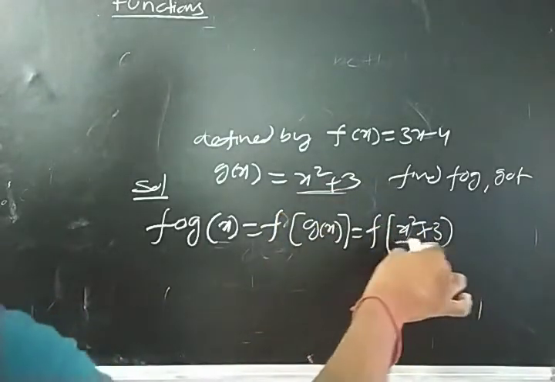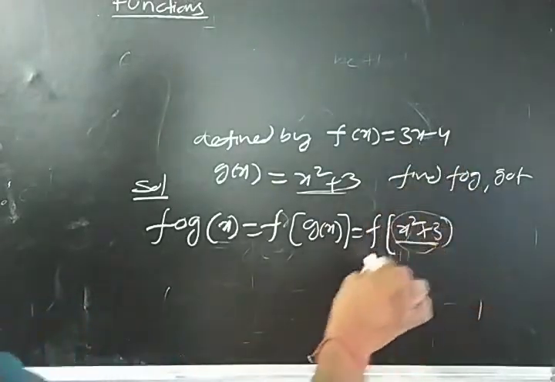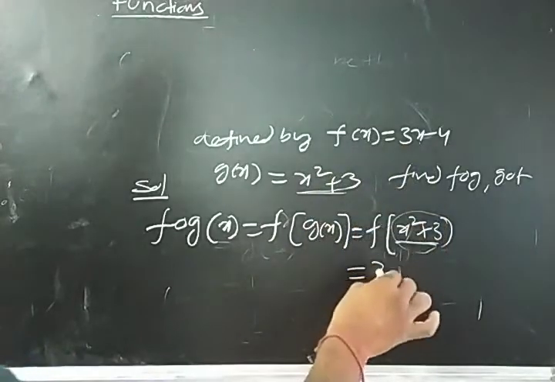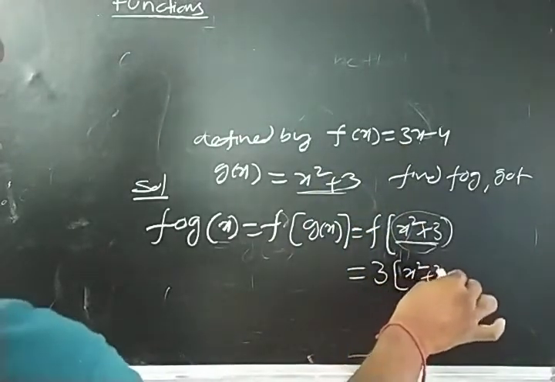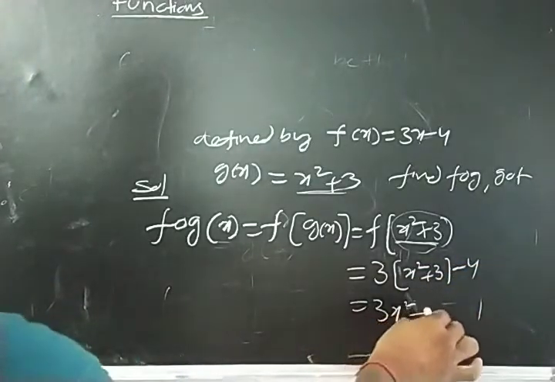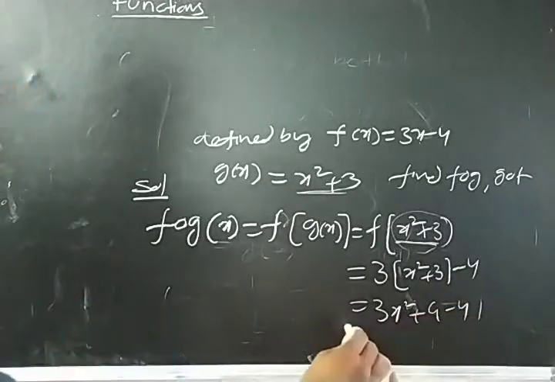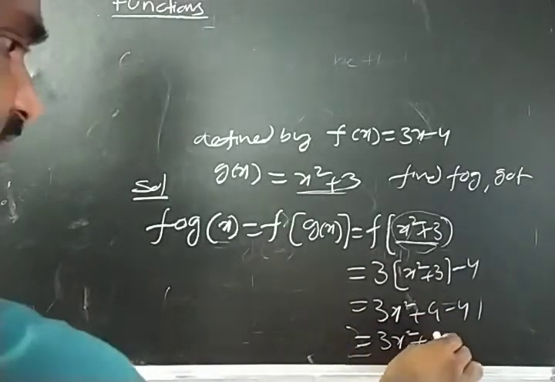Now treat this as x in f of x. By the definition of f, 3 into, in place of x you have to substitute x square plus 3, minus 4. So it will be 3x square plus 9 minus 4, that is equal to 3x square plus 5.